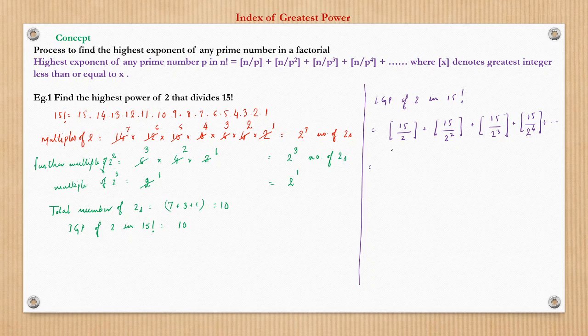Now see, this becomes 7.5. This becomes 15 by 4, which is 3.75. 15 by 8 is 1 point something.